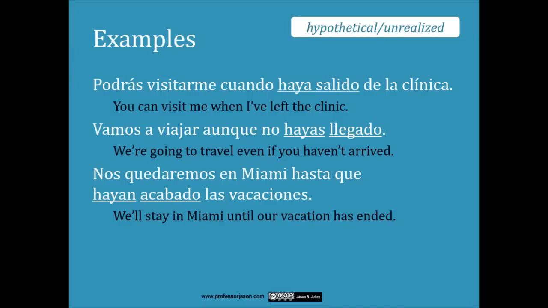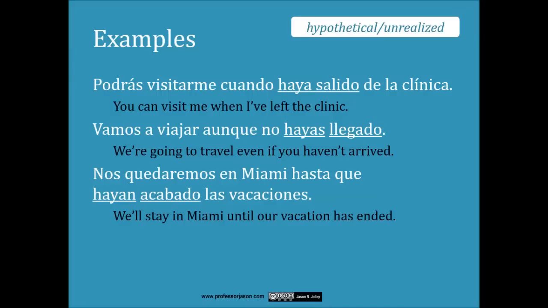We'll stay in Miami until, in this example, we're referring to something that hasn't happened yet, may not happen yet. This is kind of the asteroid scenario, I say, right? This is something that hasn't happened and may never happen. Nos quedaremos en Miami hasta que hayan acabado las vacaciones. So our vacation isn't over yet, right?